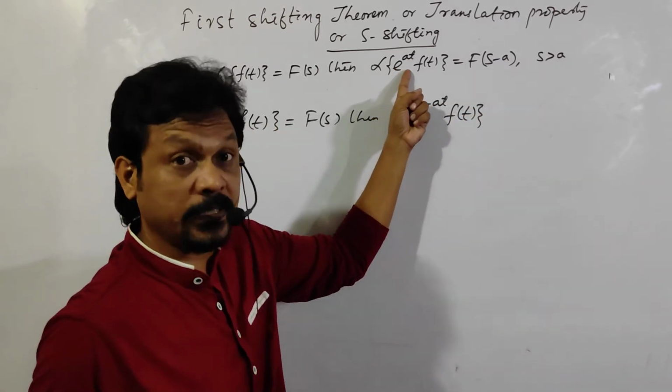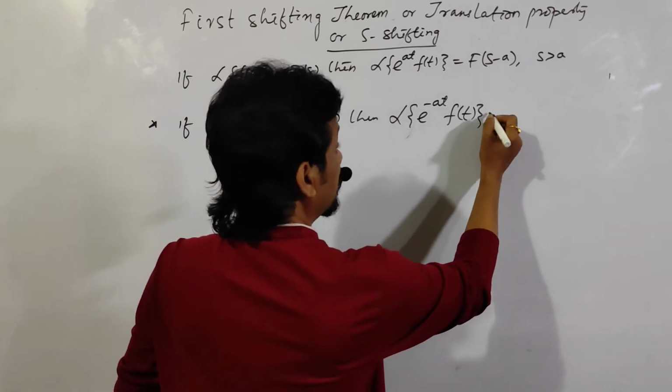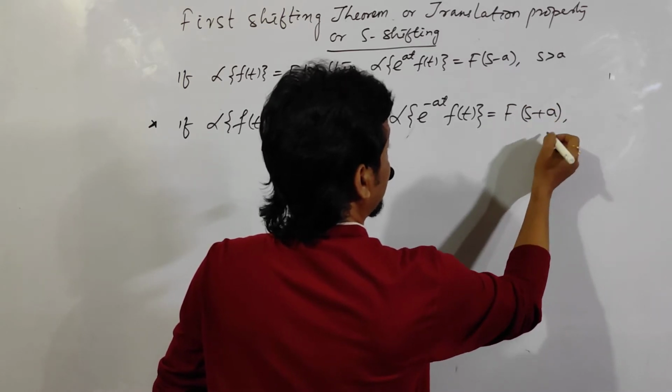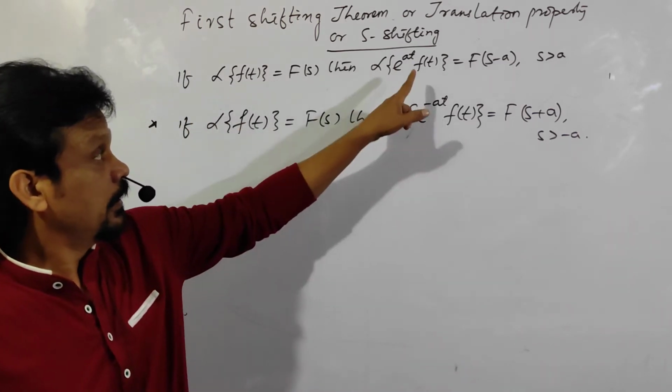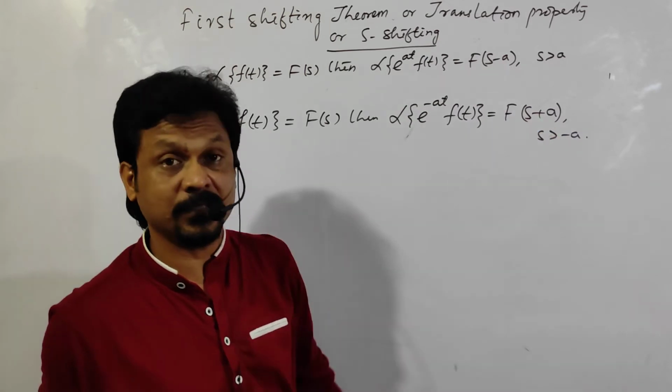Here I have written e to the power at, but here e to the power minus at. In place of a, I have written minus a, so here also in place of a, I have written minus a.